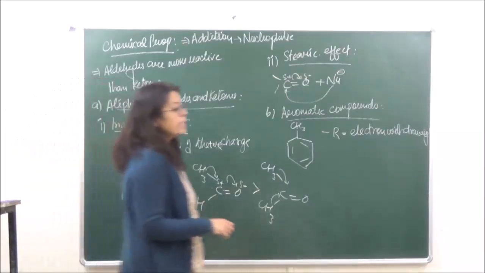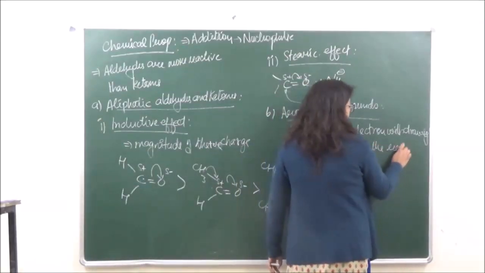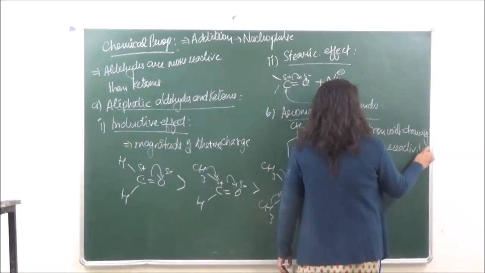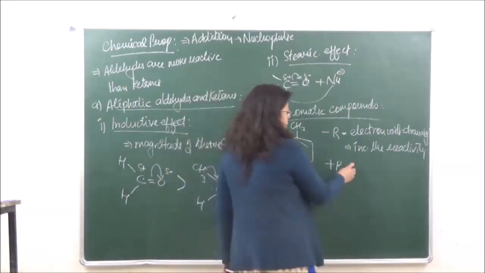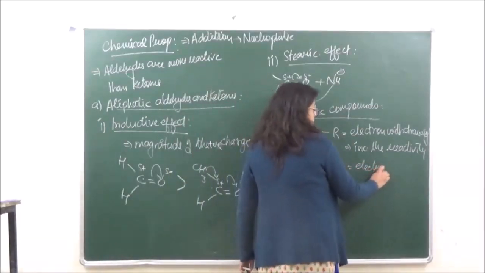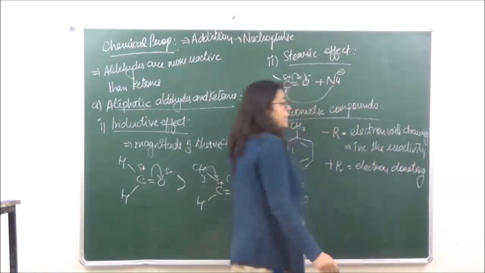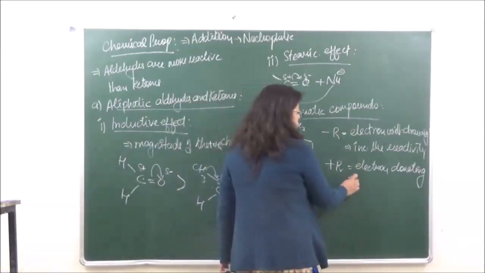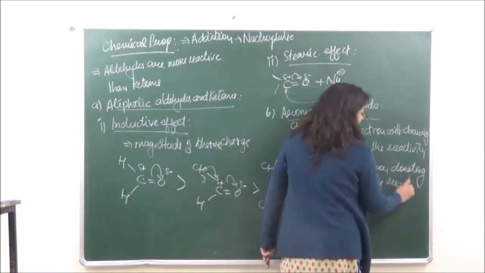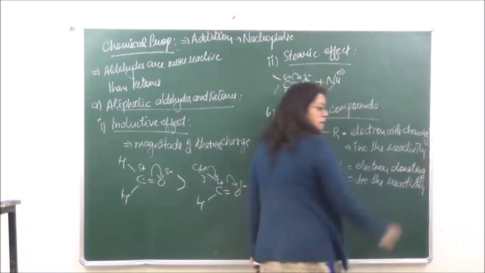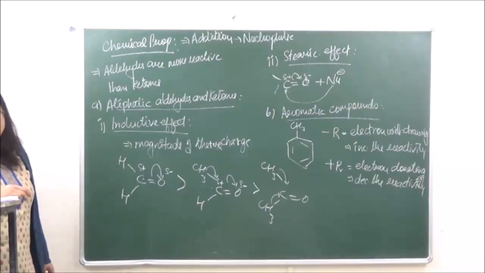This is going to increase the reactivity. And if a plus R group is present, plus R is an electron donating group. These are going to decrease the reactivity. So if there are plus R groups, electron donating groups present, that will decrease the reactivity.